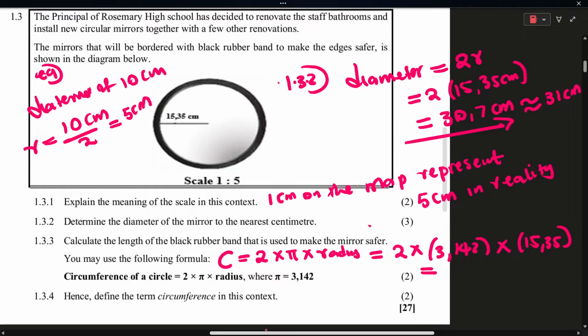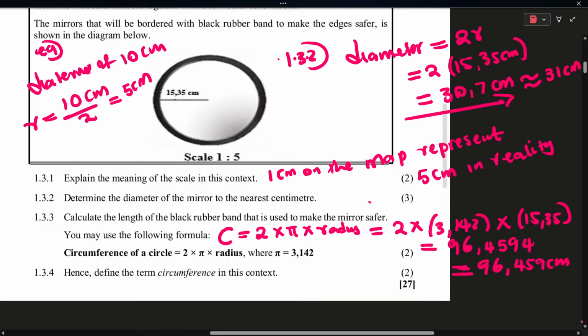After pressing, we are going to get 96.4594, and then you round to the nearest, so it's going to be 96.459 centimeters. That is the answer for the circumference. I hope we are clear on that, learners.